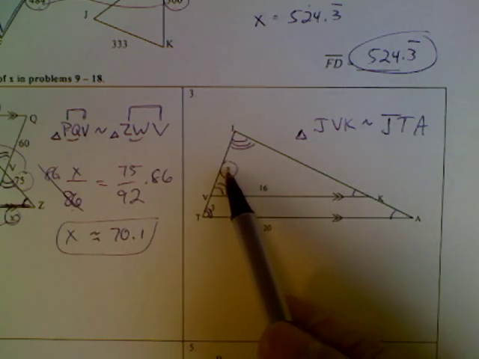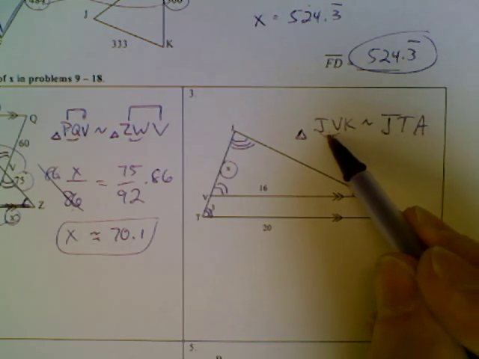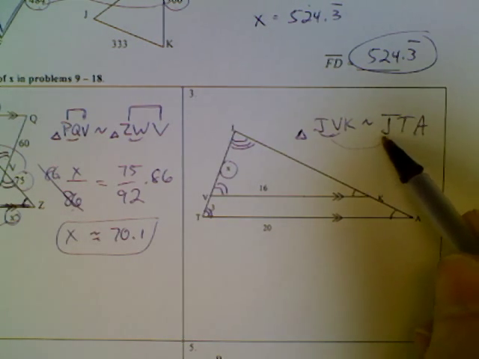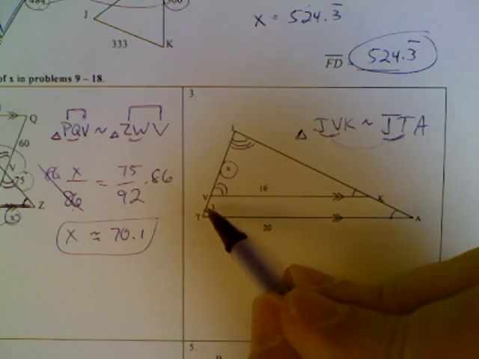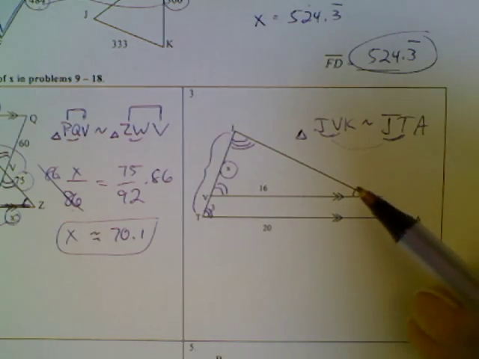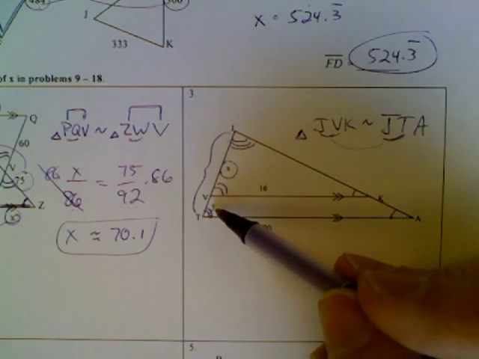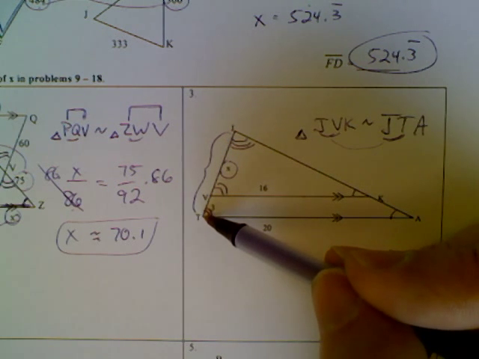What does X match up with? X is from JV. So JV matches up with JT. So X, JT, JT is this whole thing. How long is that whole thing? It's not 3. It's X plus 3.